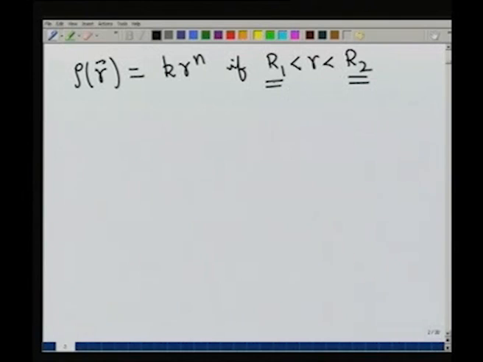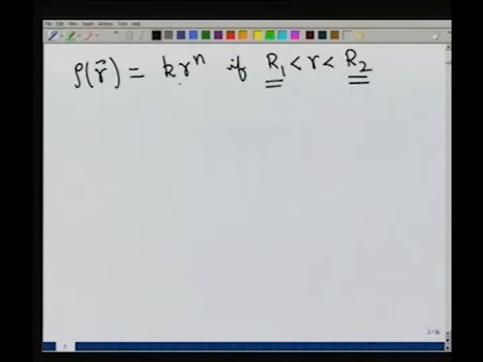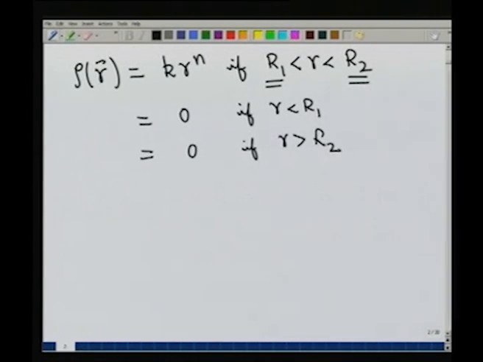In the space between the two spheres, in that annular region, in that spherical shell, my rho of r has a behavior which is given by k r to the power of n. On the other hand, if r is less than r1, then it is equal to 0, and likewise this was equal to 0 if r is greater than r2.